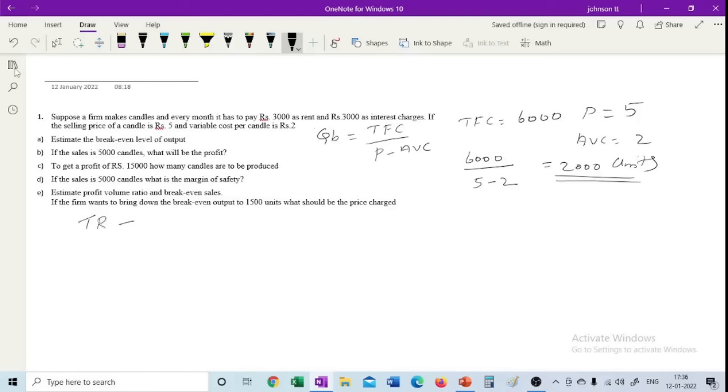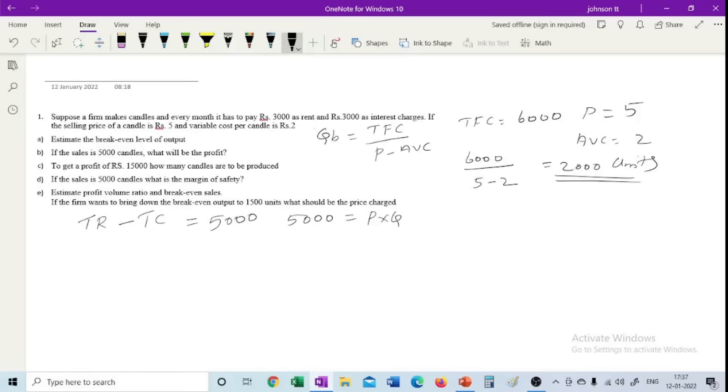Sorry, the second part of the question is, if the sales is 5000 candles, what will be the profit?